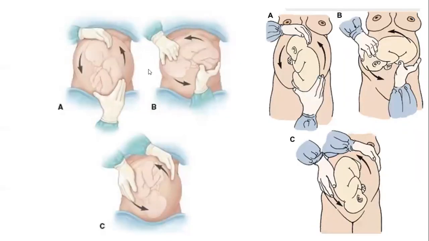So you see pictures 1, B, C, or any one you can follow. There are 4 classical maneuvers used to palpate the gravid uterus systematically.